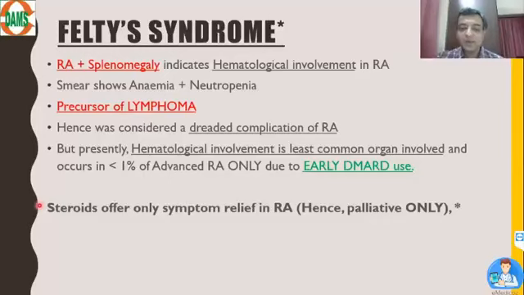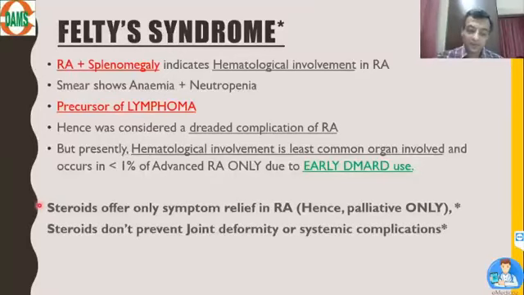So here steroids don't prevent joint deformity or systemic complications. They don't prevent. And that is why in RA, the first line of treatment is DMARDs, not steroid.